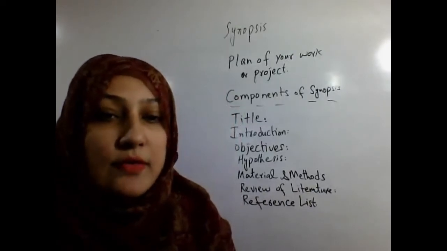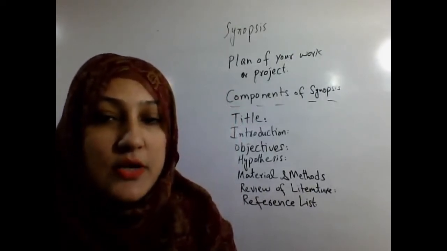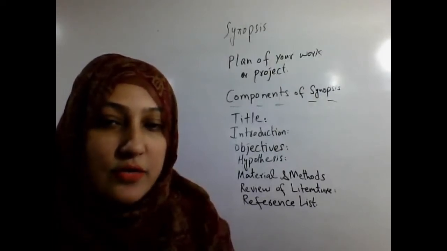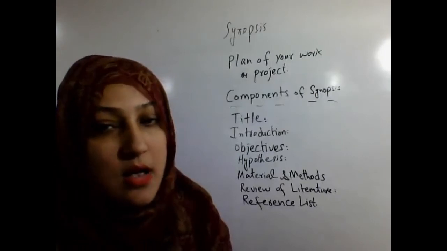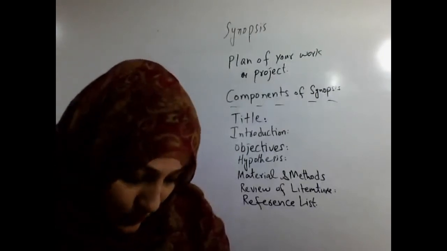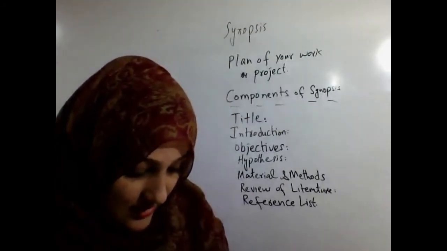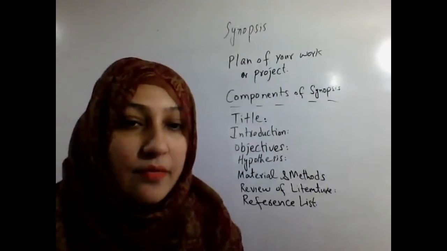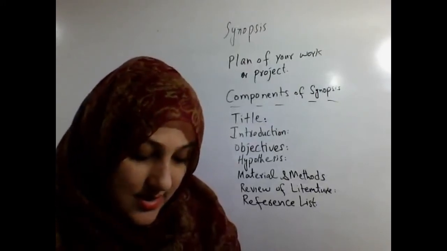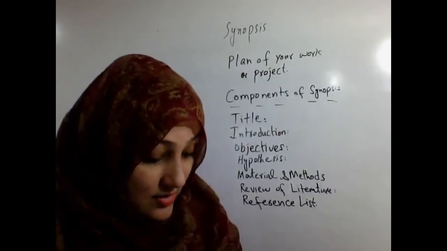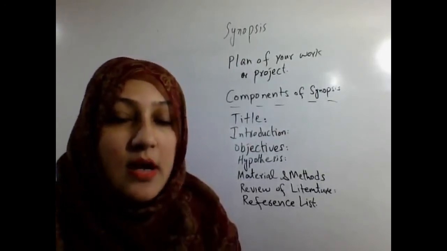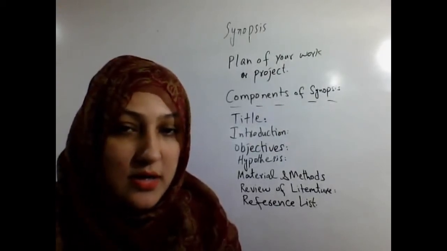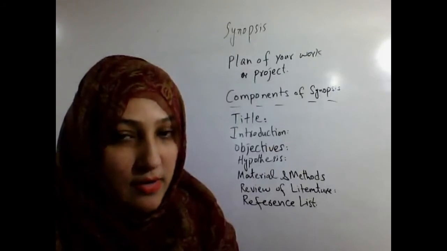First of all, you have to give a title to your study, to the work you have planned for your project. Then the introduction. You have to introduce the things which you are going to explore, and the introduction must be very informative and contain a brief background of the study. It must be written after the whole synopsis has been written. You have to explore the literature and introduce the background of the study you have planned.